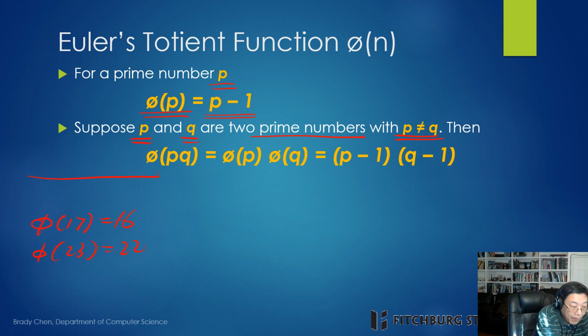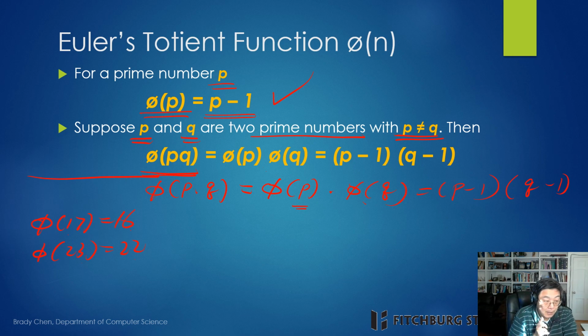Then we can prove that phi of p times q is the same as phi of p times phi of q. Because p is a prime number, it is p minus 1, and q is another prime number, so it's q minus 1, based on the first property.